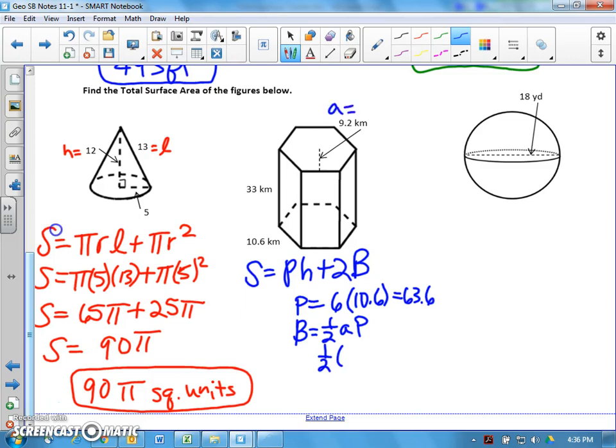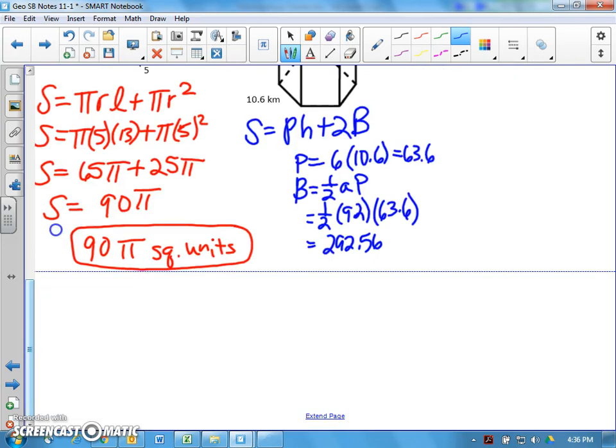This is my apothem right here. So we're going to have our 9.2 here and our 63.6. When we multiply all of these together, we're going to get 292.56.